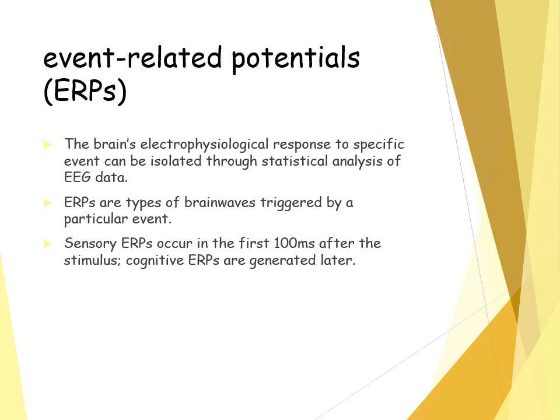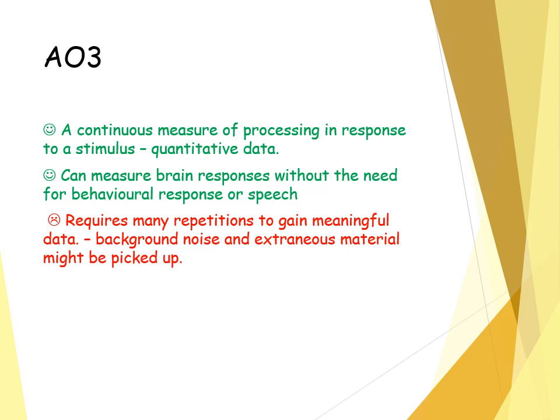So sensory ERPs occur in the first 100 milliseconds after a stimulus, whereas cognitive ERPs are generated later. So a strength is that it's a continuous measure of processing in response to a stimulus, so we get quantitative data, and it can measure brain responses without the need for behavioural responses or speech, so it might be quite useful again for measuring non-verbal behaviours.